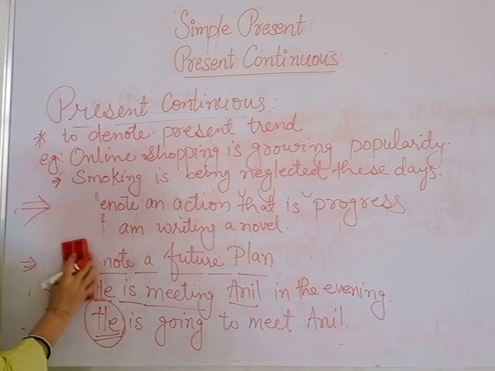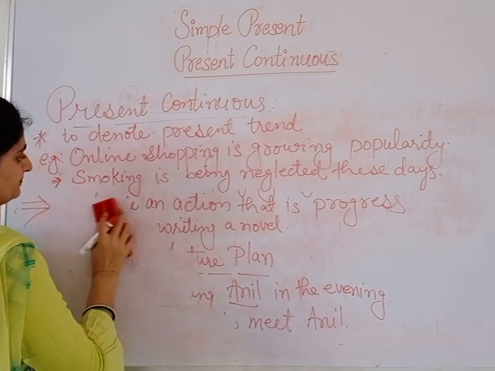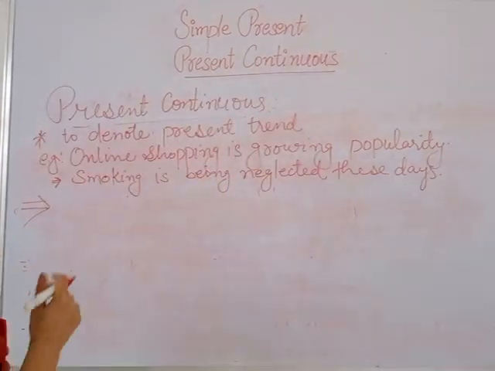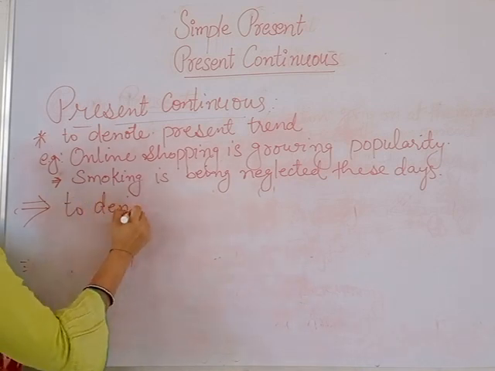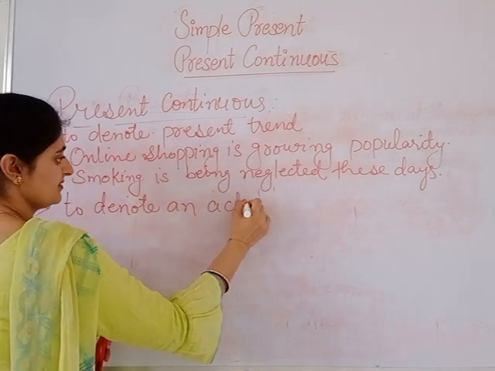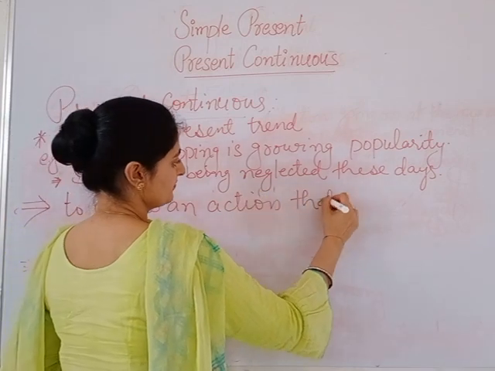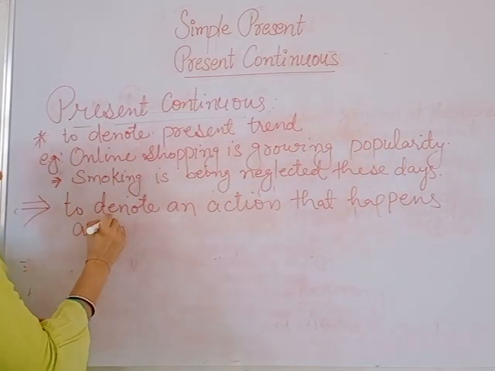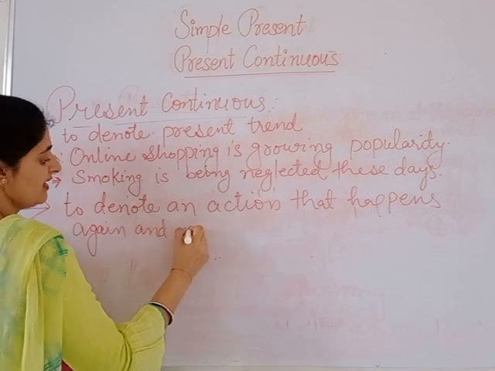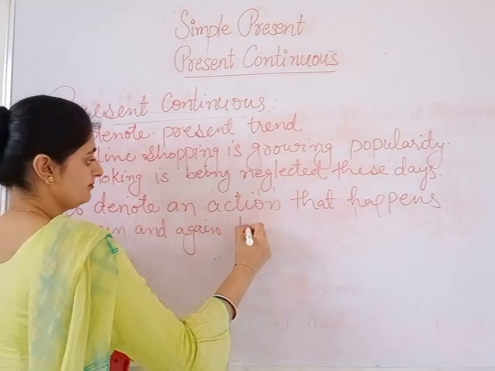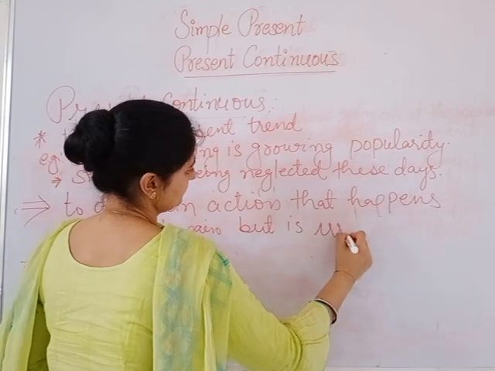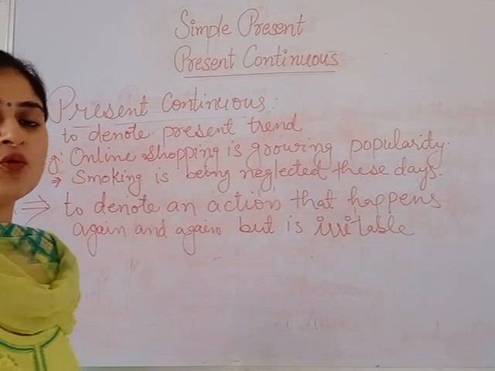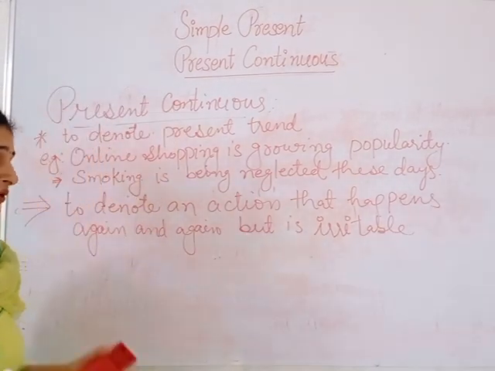The next and last use of continuous tenses. Okay, to denote an action that happens again and again, mean to say a repeated action again and again, but is irritable, mean to say is disturbing for you, mean to say an annoying one, that you do not like.